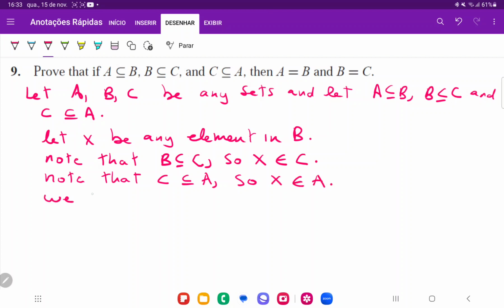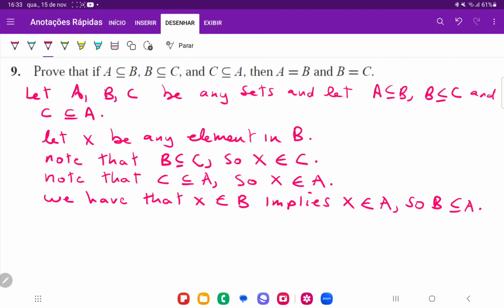And we have that X belonging to B implies X belongs to A, so B is a subset of A. We have that A is a subset of B because we assumed that A was a subset of B, right?